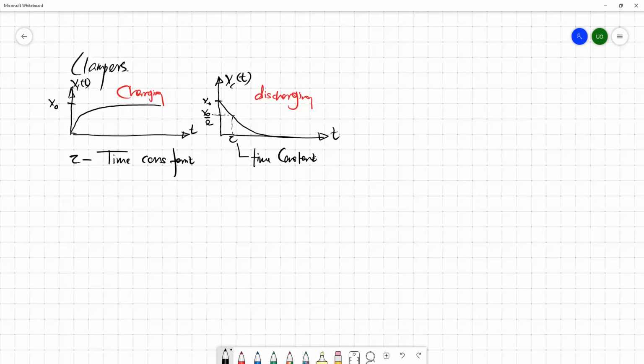Similarly, you can have a value here for charging, where the capacitor is charged up to a value of V naught over e.